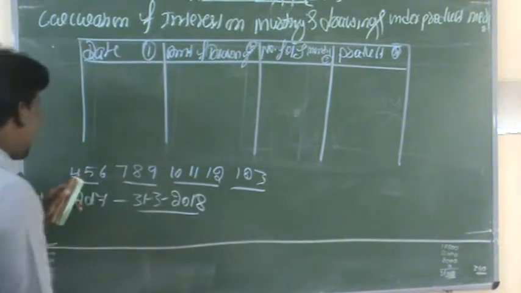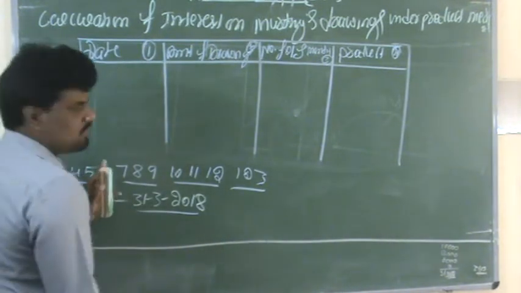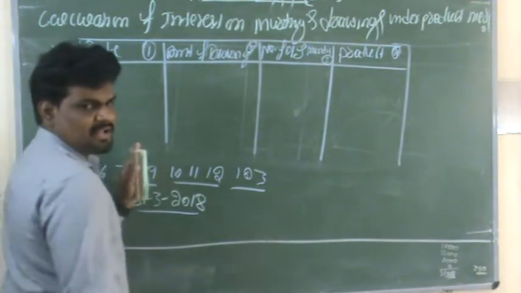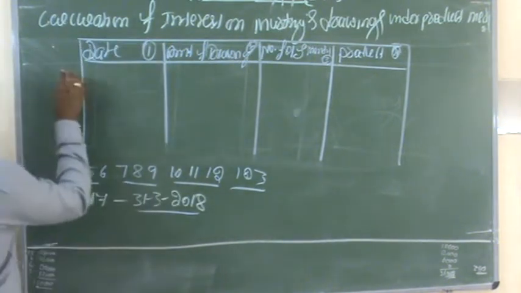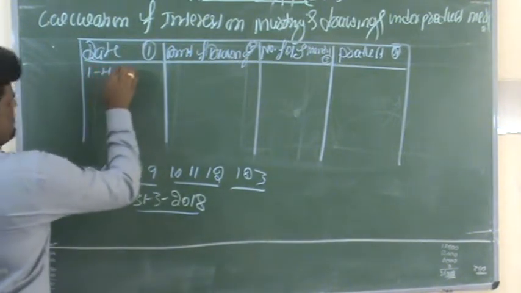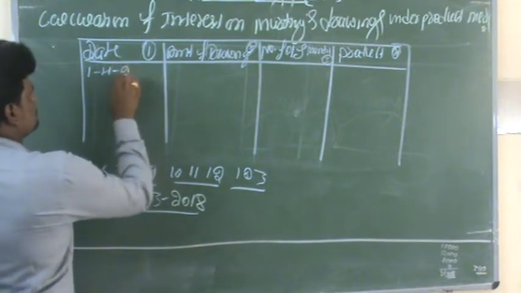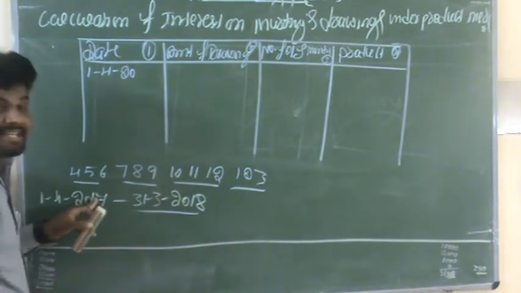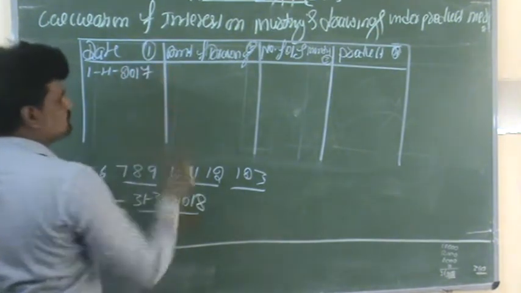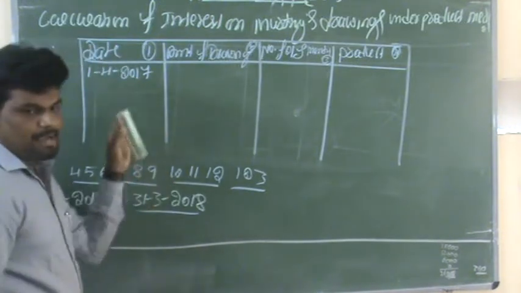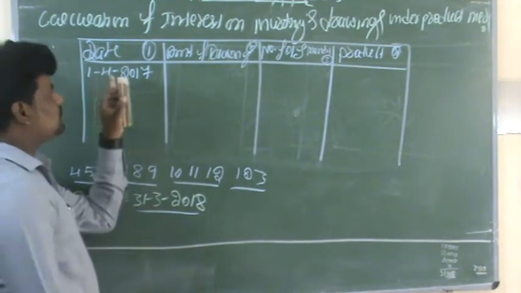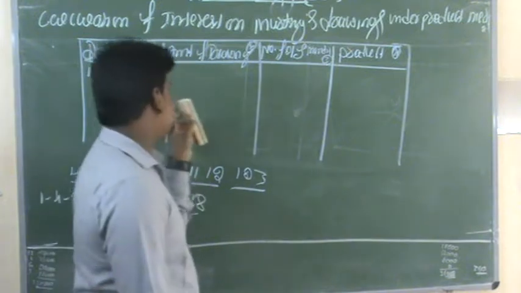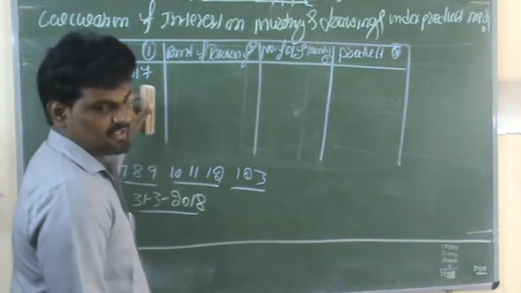The first quarter is as on 1 April, in the month of April 1st, 2017. This is the first particular date, the beginning of the first quarter.